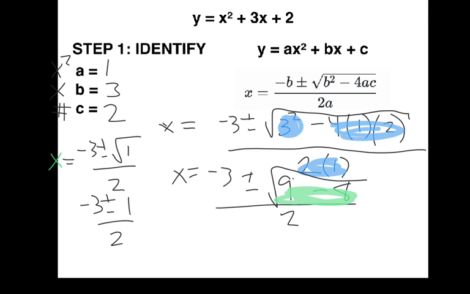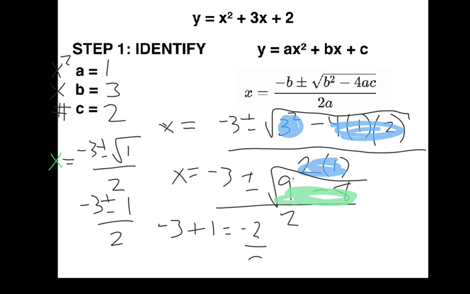Now, I get a lot of questions about what does it mean to clean up? Well, in this case, it means I'm going to literally add -3 plus 1 as well as -3 minus 1. And then I'm going to divide both answers by 2. So plus 1, I'm going to get -3 plus 1 is -2.